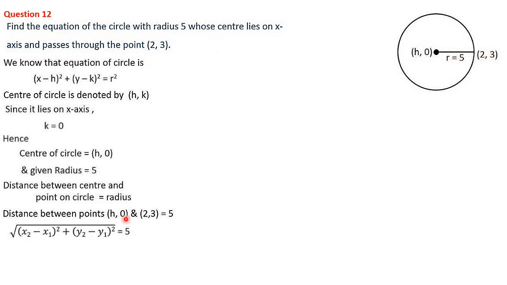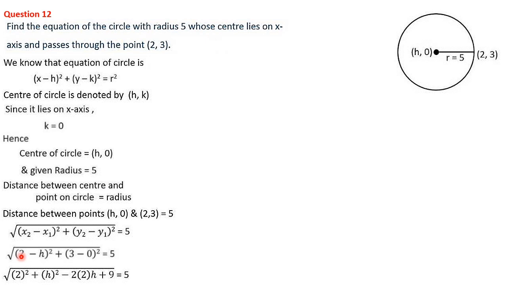We know the distance formula, that is root of x2 minus x1 the whole square plus y2 minus y1 the whole square equal to 5. So here x1, y1, x2, y2 are there. Let's substitute: x2 that is 2 minus x1 that is h. 2 minus h the whole square plus y2 that is 3 minus 0 the whole square equal to 5.